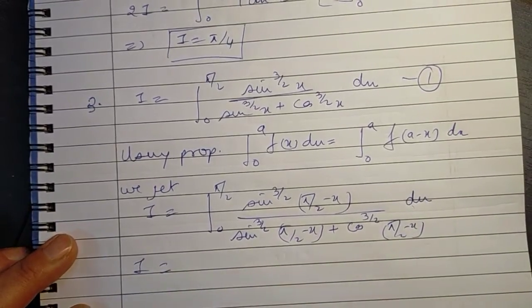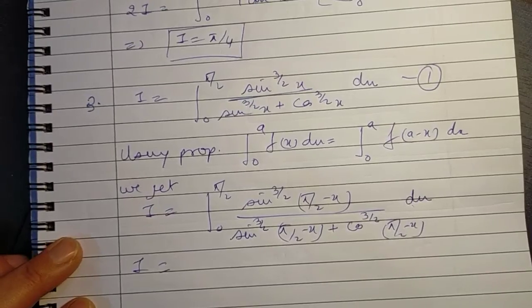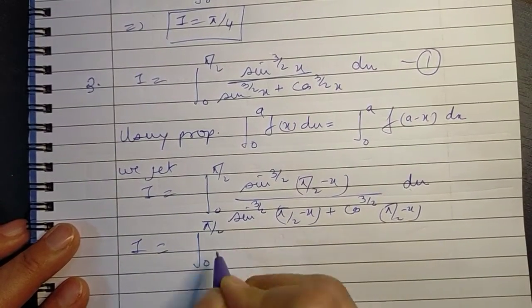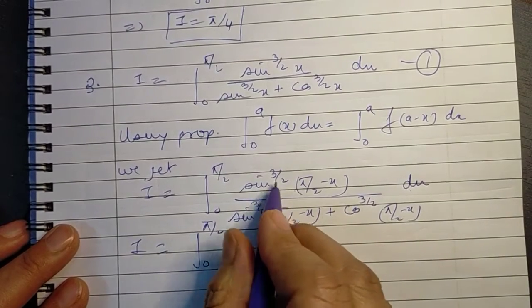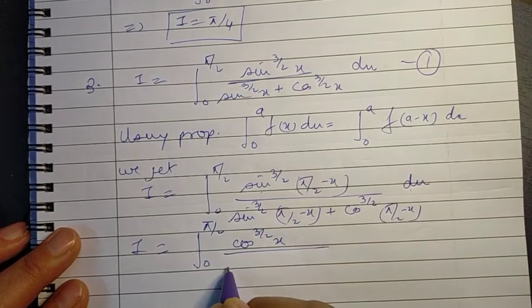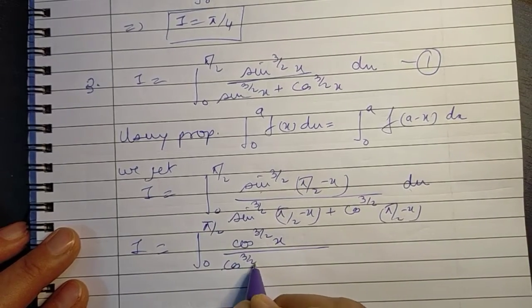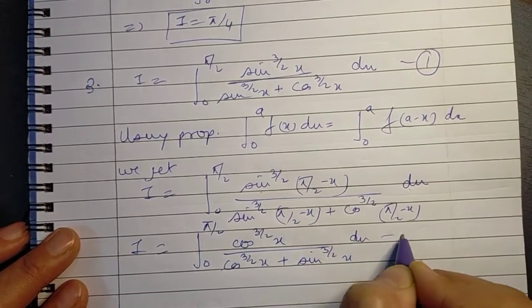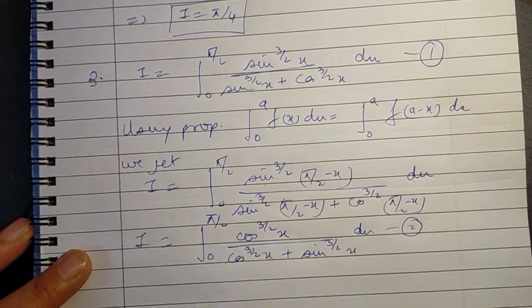Now again we know that sine of (pi by 2 minus x) is cos of x. So we will simply get cos raised to power 3 by 2 x upon cos raised to power 3 by 2 x plus sine raised to power 3 by 2 x dx. Let's call it equation number 2.